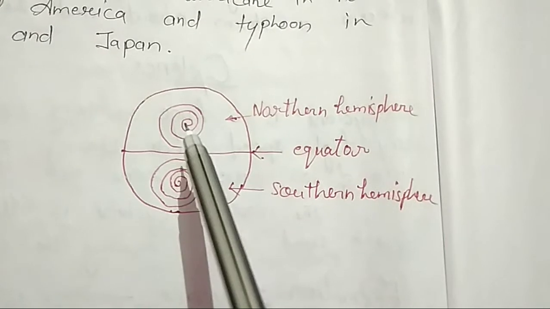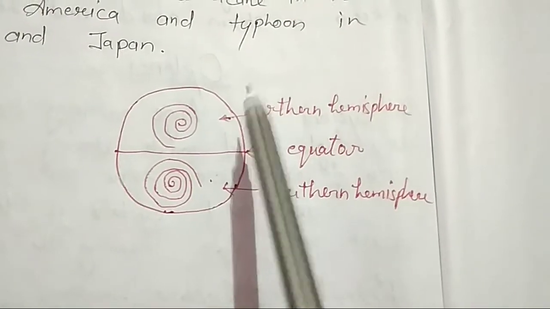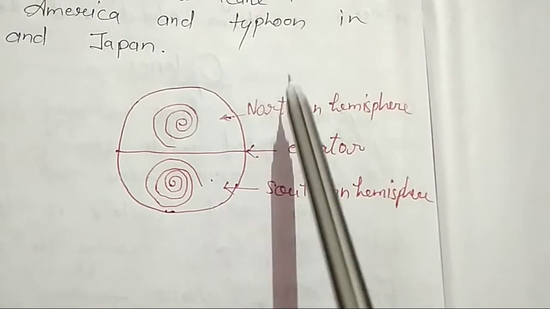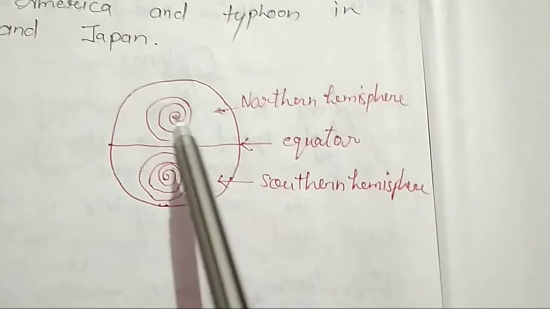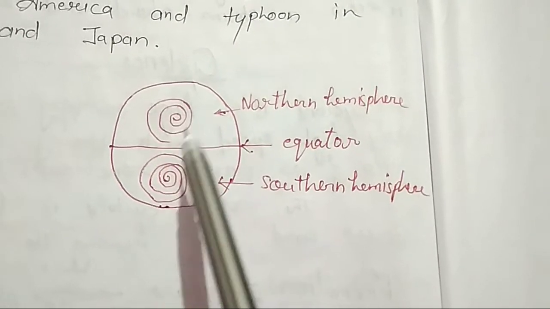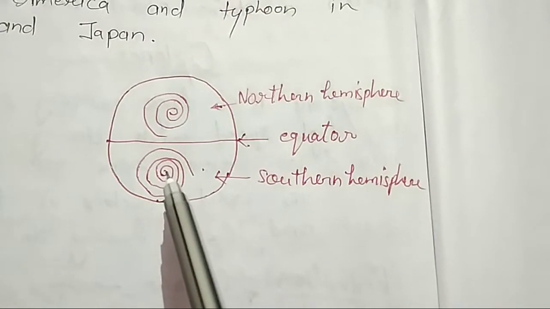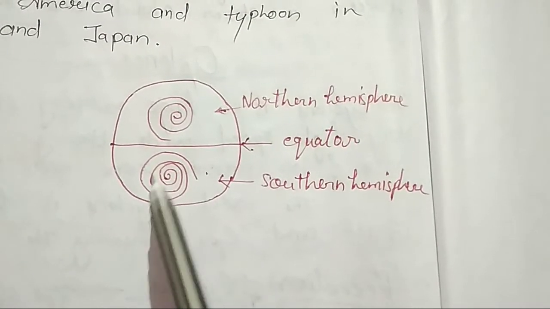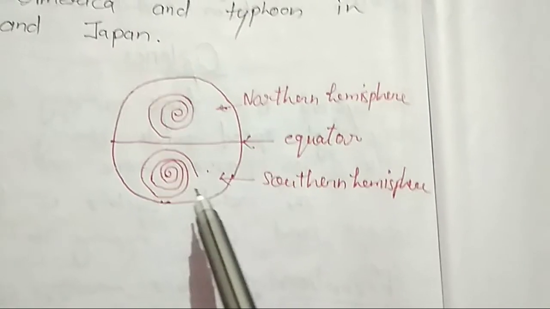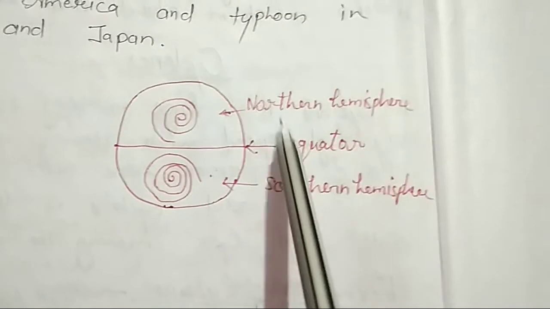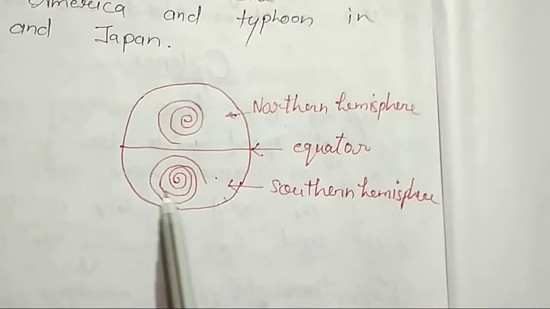This is opposite to the clock. Clock hands move like this, but here you can see this is moving in the opposite direction. And in the southern hemisphere, it moves clockwise, in the direction of the clock. So in the northern hemisphere, anti-clockwise, and in the southern hemisphere, clockwise.